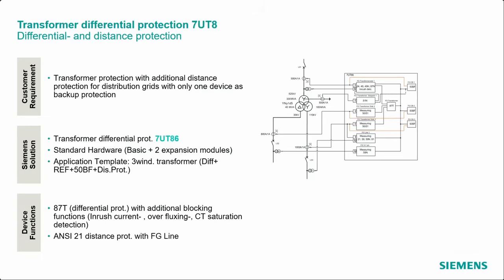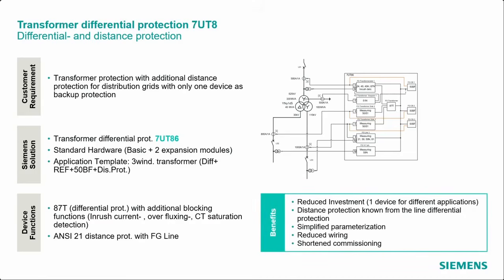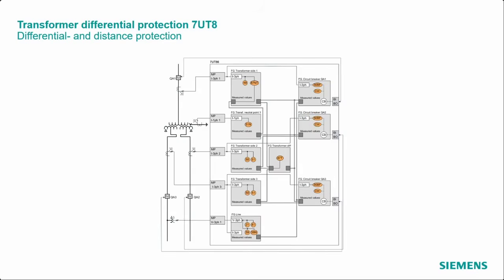So in the end you reduce the investment, because you don't need an additional line protection device. The transformer protection can also handle the task of the line differential or the distance protection. And this is how it looks.